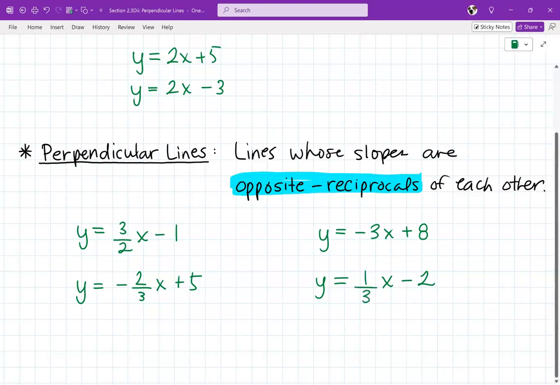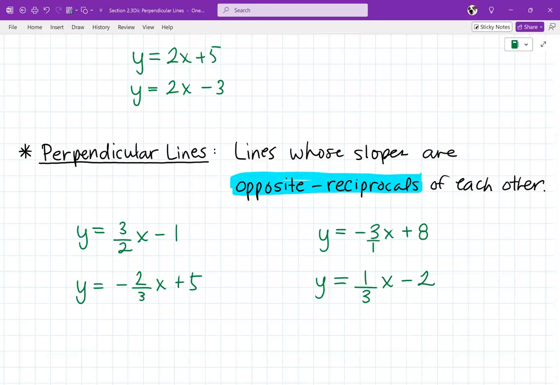Yeah. You gave me the opposite because you said positive 3, but you forgot to flip the number. Flip it and then switch the sign. So 3 becomes 1/3. And if you're wondering where that 1 came from, remember, every slope is a fraction, so you can write 3 over 1. So you can flip it.